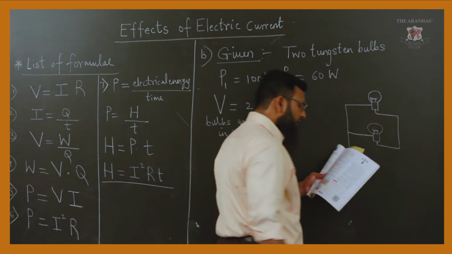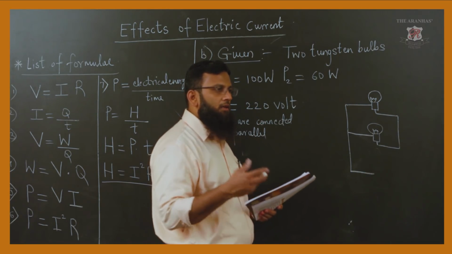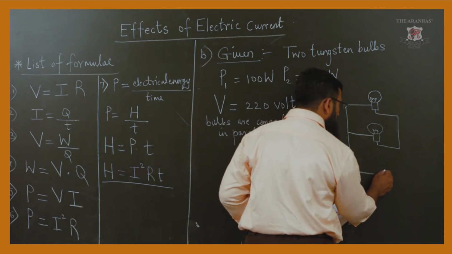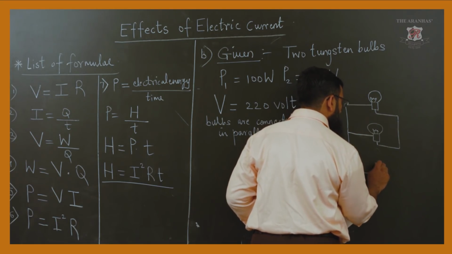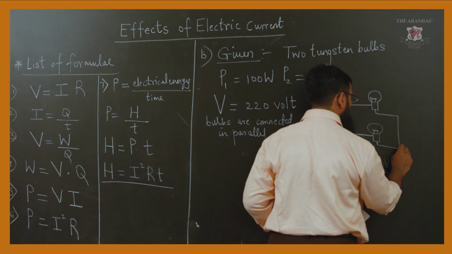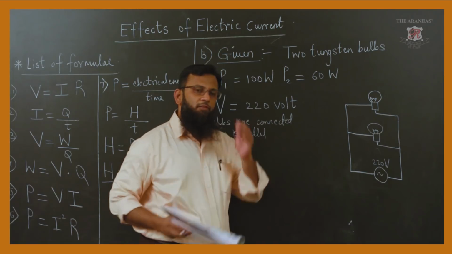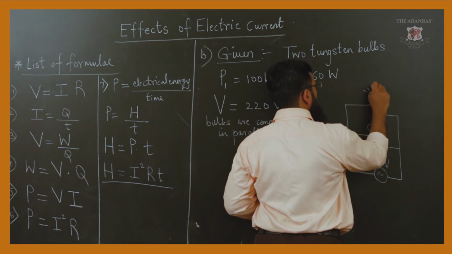Now, it is not mentioned in the question, but it is understood that 220 volt AC, alternating current, is required to illuminate these bulbs. Now, in lower classes we have studied, no doubt the bulbs will get illuminated.